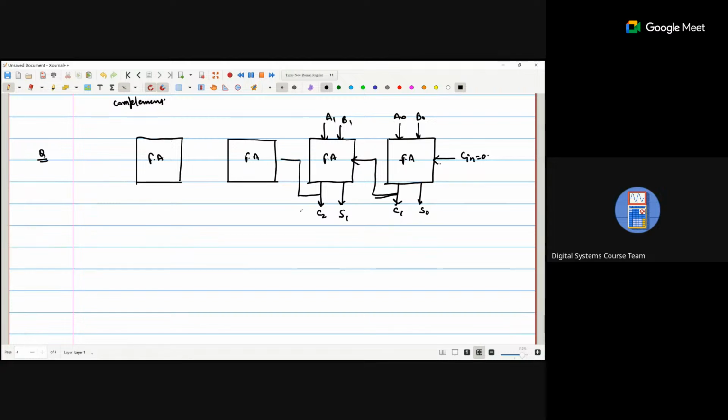Now use this C2 as the input of this one. B2, A2. We are getting S2, C3.